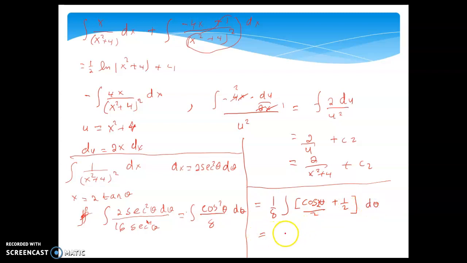Over all of that, this should give you something like 1 over 16 tangent inverse of x over 2, plus 2x over x squared plus 4, plus c3.